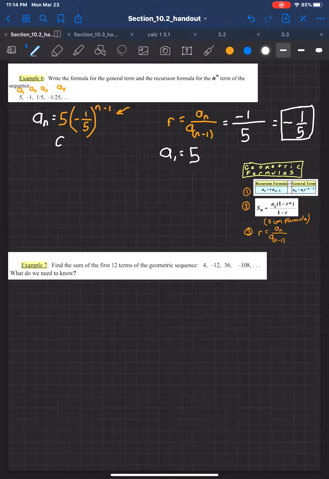So that's the general. The recursion formula would be a sub n is equal to r times, so r would be negative 1/5, times the previous term, a sub n minus 1.